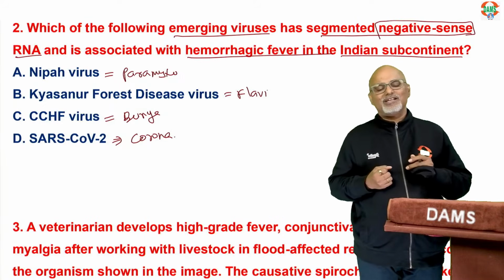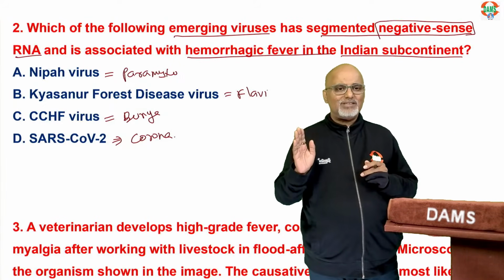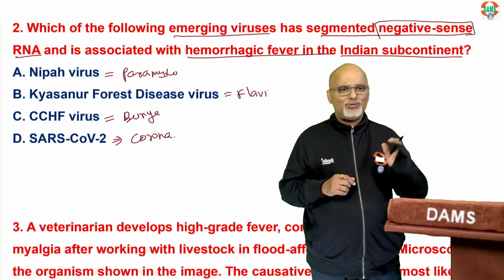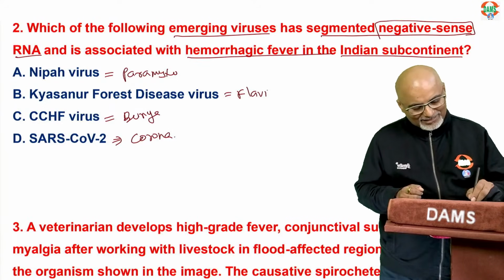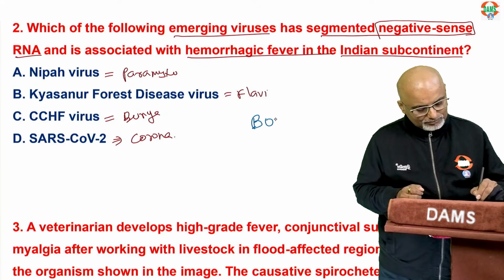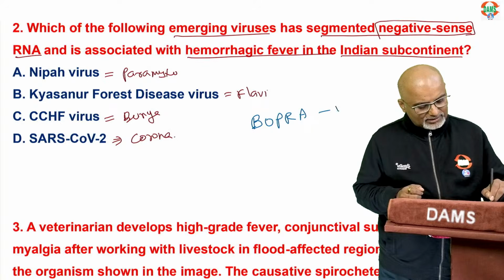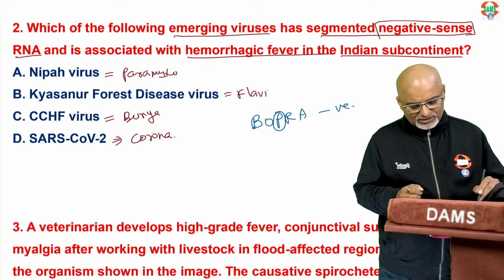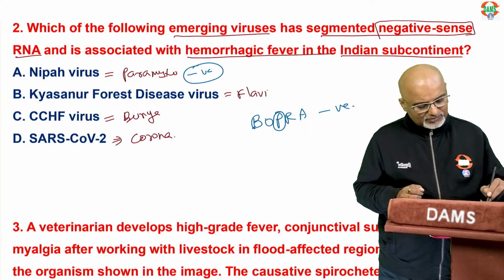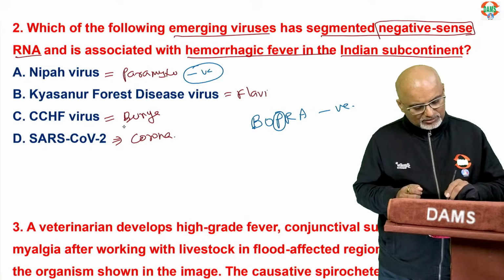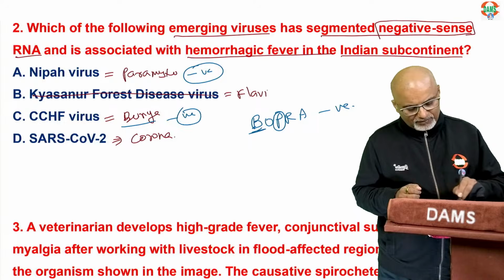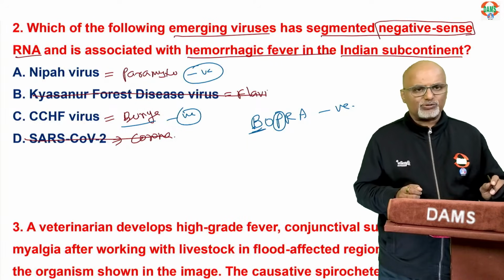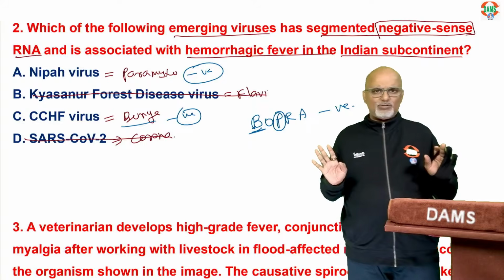What are the mnemonics? Positive sense: patient with congestive cardiac failure. Negative sense: BOPRA. Which one do you want? BOPRA, the name is good? Right. BOPRA is negative sense. Paramyxovirus is negative sense, and Bunya, negative sense. So I will remove these two. Flavivirus positive sense, coronavirus positive sense. I'll remove this. So negative sense, these two.